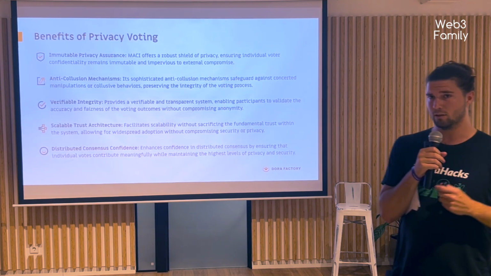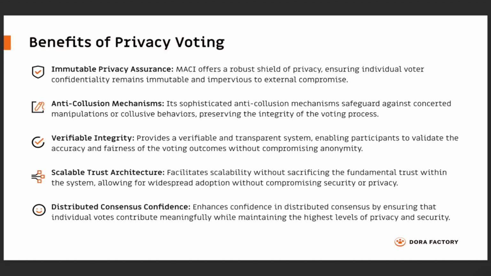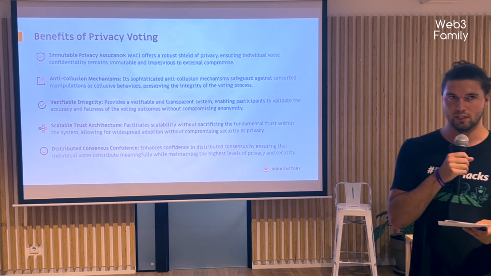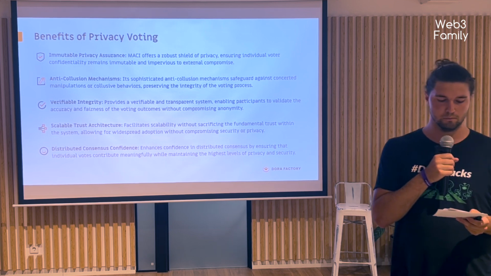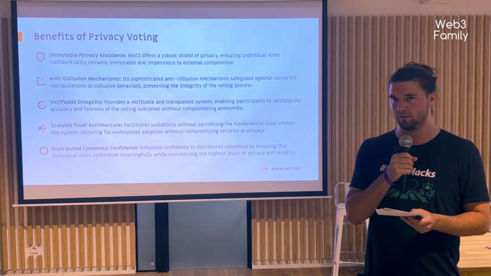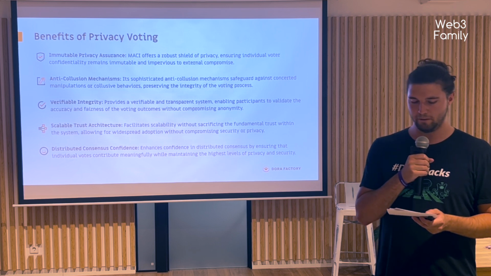What are the benefits of MACI and private voting? There's immutable privacy assurance, which means that the voters' identities are kept secret, and this gives voters the right to remain private and anonymous. There's also an anti-collusion mechanism to prevent collective cheating, making sure votes are honest and fair.